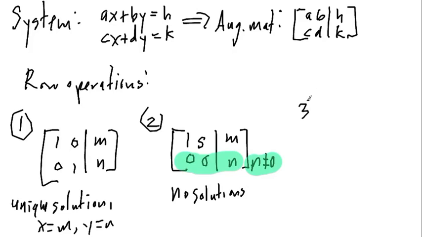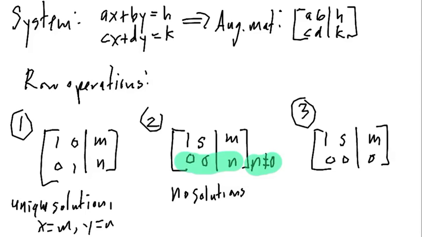And the third possibility is to have something like 1, S, M on top and all zeros on the bottom.